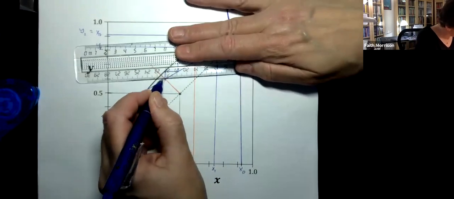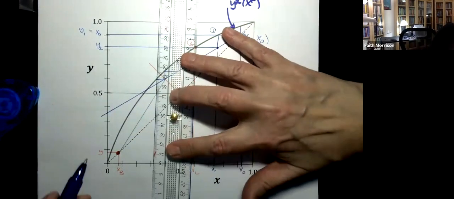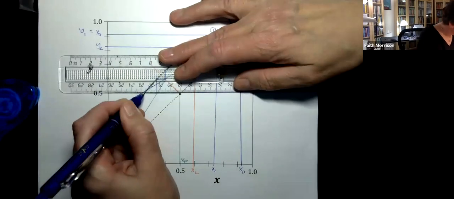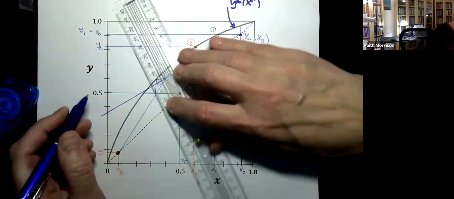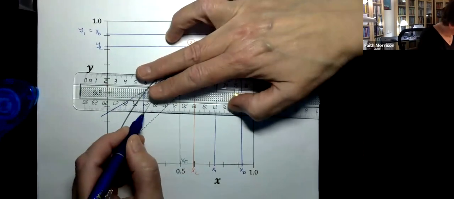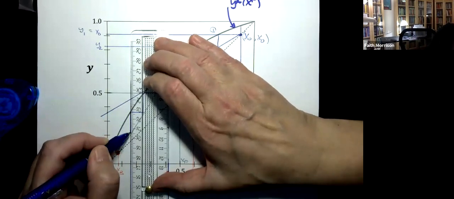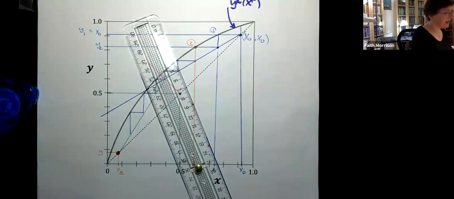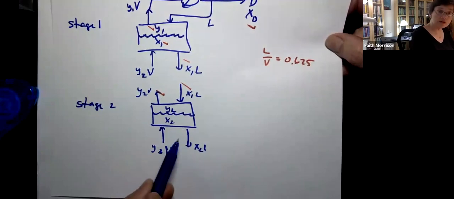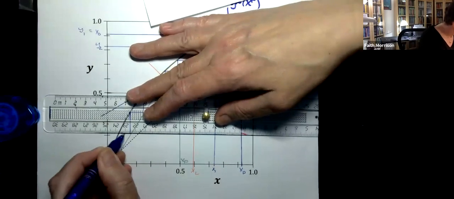Now I'm going to go on the green operating line because once I pass the red, I've passed the feed plate. So I'm not being super neat here, but you get the idea. I can step these numbers off, counting the number of trays, between passing streams, equilibrium streams, passing streams, equilibrium streams, all the way to the end of the column.